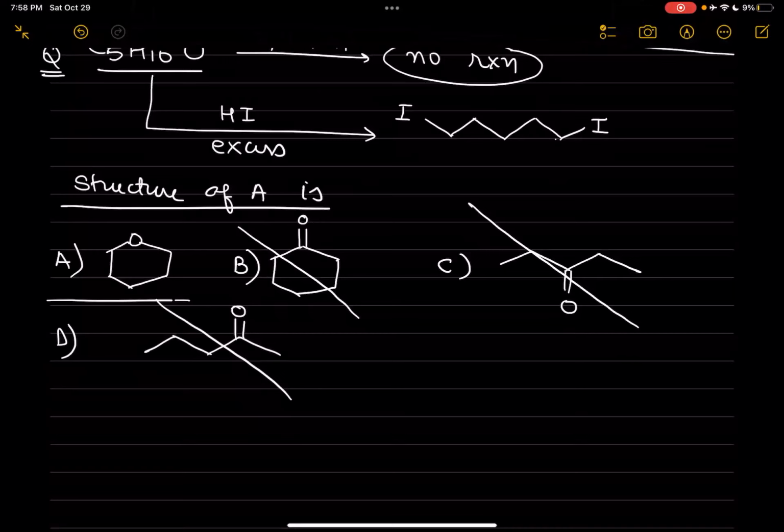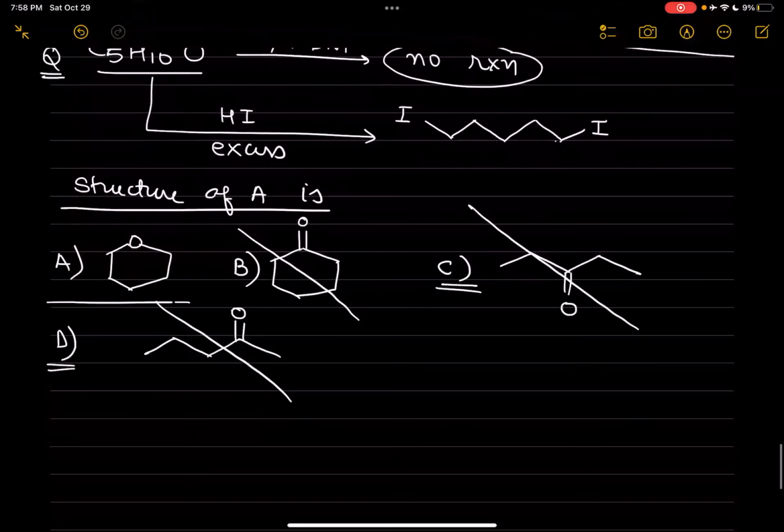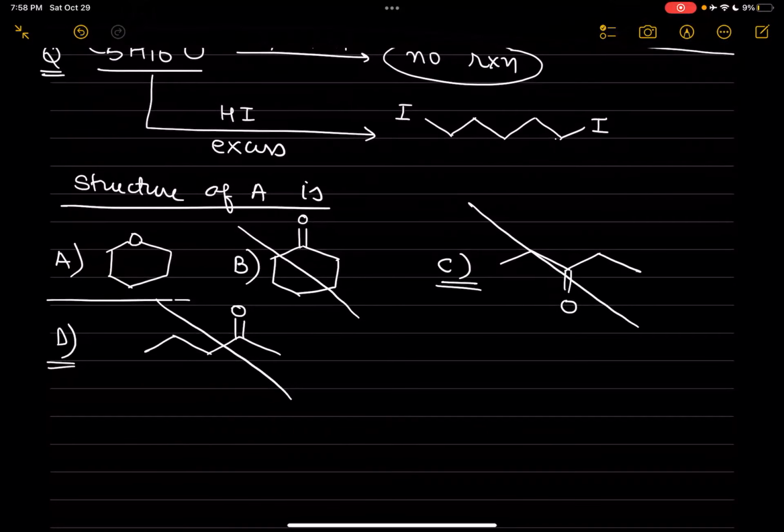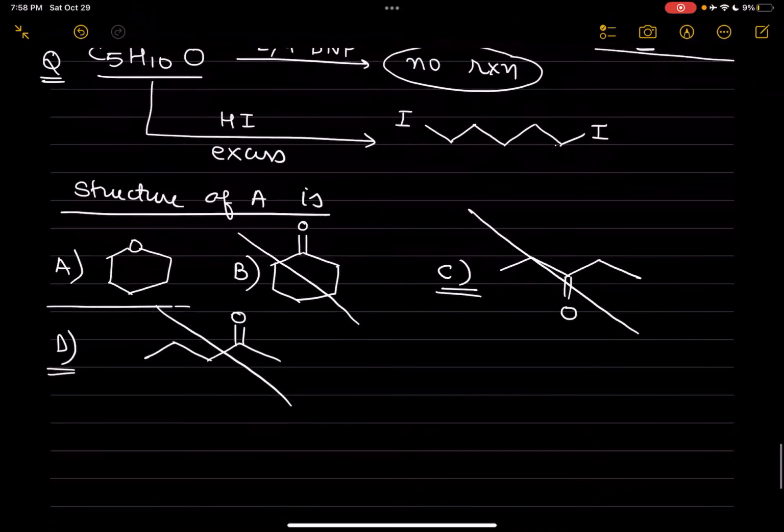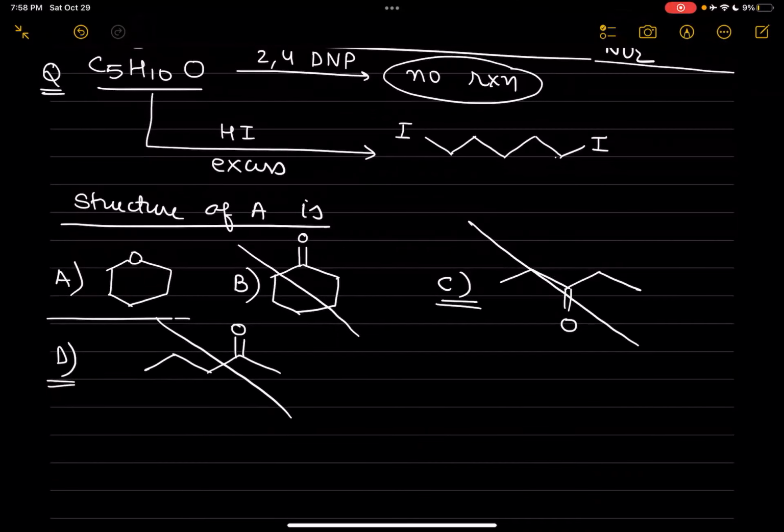Yes, sir. The formula is matching with C and also with D, C5H10O. But actually the product is not matching when you react with 2,4-DNP. If it is B, C, or D, then it should react with 2,4-DNP and give some bright colored compound. But it is not reacting, which means it is not an aldehyde or a ketone.